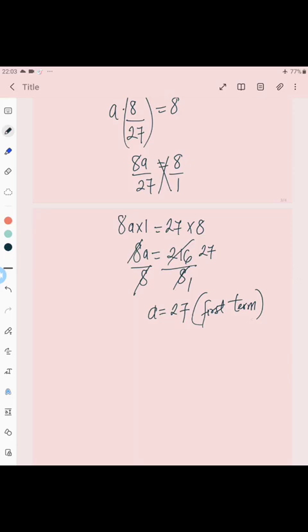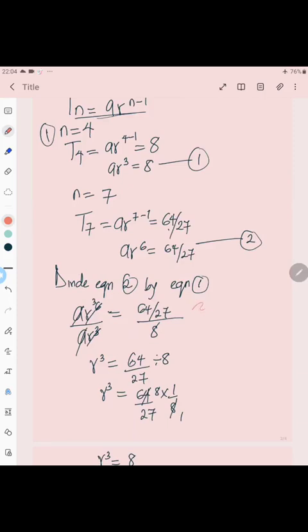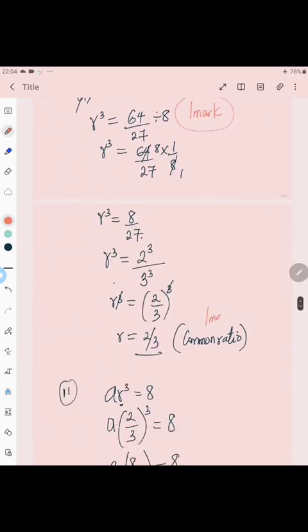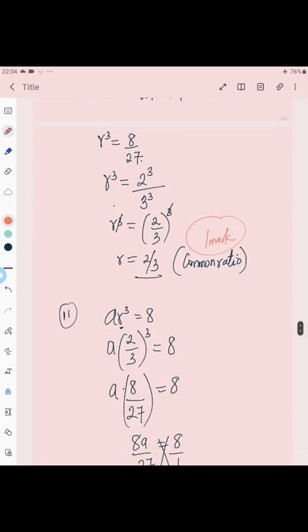Just as I promised from the beginning, now let's look at the marking scheme from the examination body. At this point, we have 1 mark for getting the equation. Solving, the next step, gives us another 1 mark. Now we have 2 marks in total. When we get the value for R as 2 over 3, that gives us another 1 mark. When we substitute R as 2 over 3 in the second question, we have 1 mark.